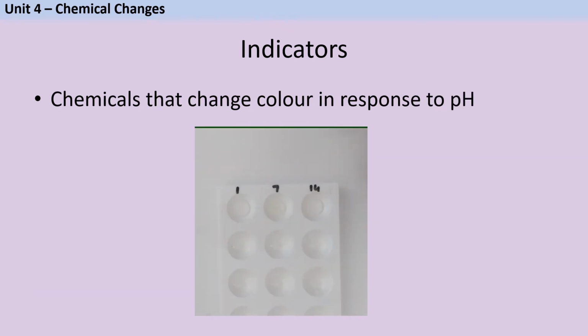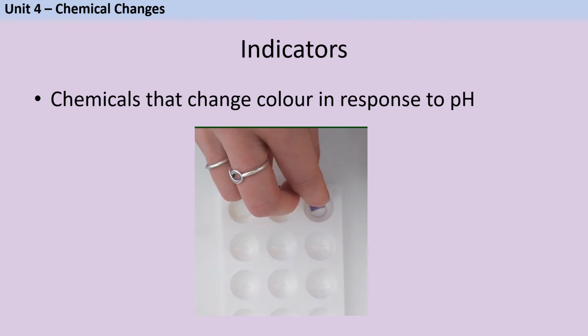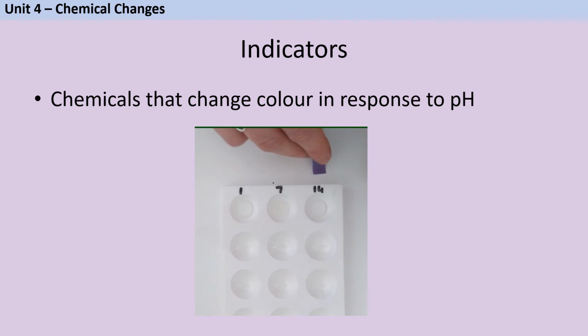Different indicators turn different colours when they encounter acids, alkalis and neutral solutions. Two of the most common indicators you're likely to encounter at GCSE are litmus paper and universal indicator. Litmus paper can be blue or red. If I take this blue litmus paper and add it to some sodium hydroxide with a pH of 14, then I don't see a colour change.